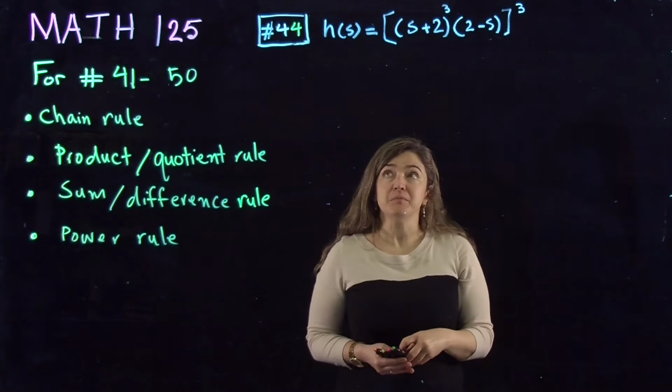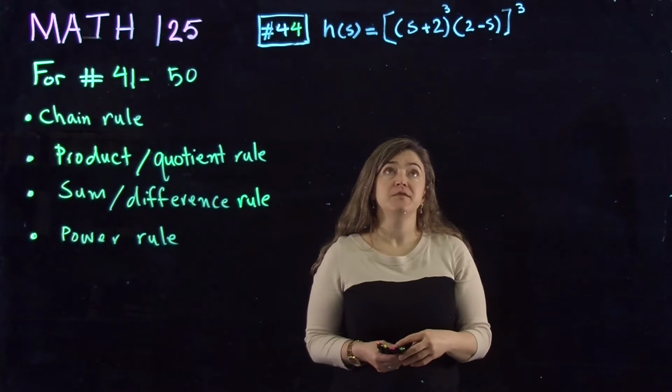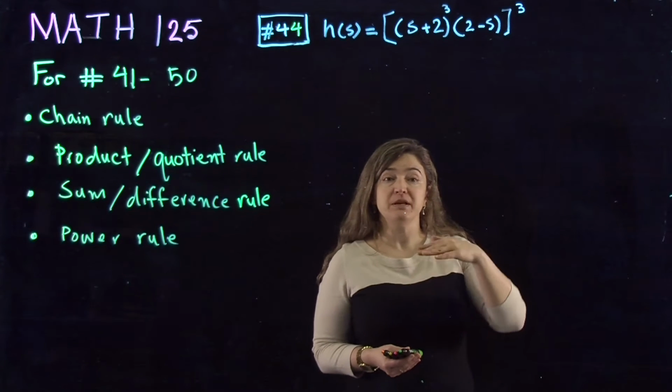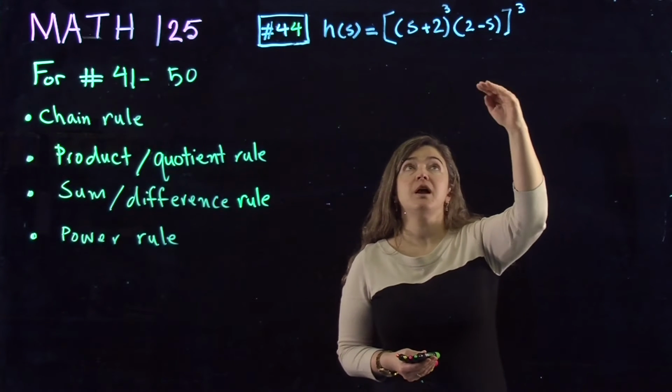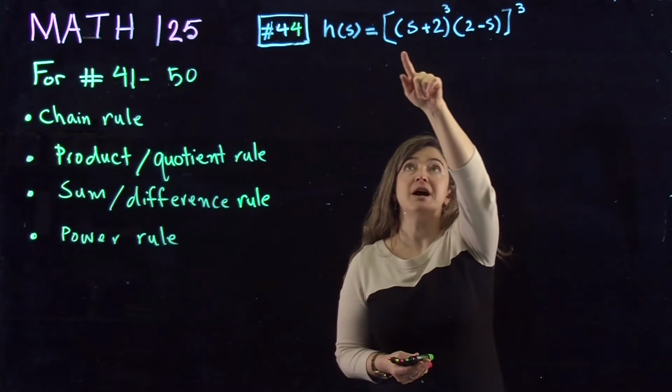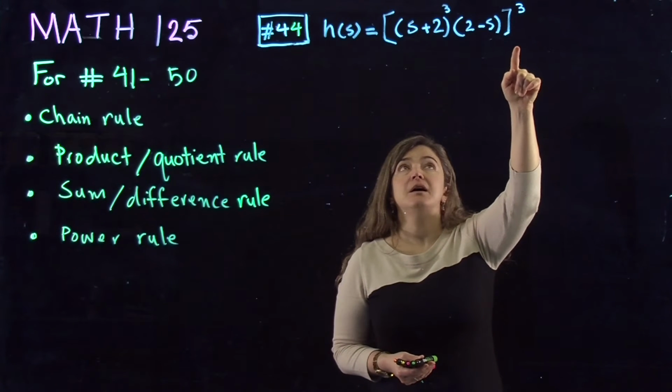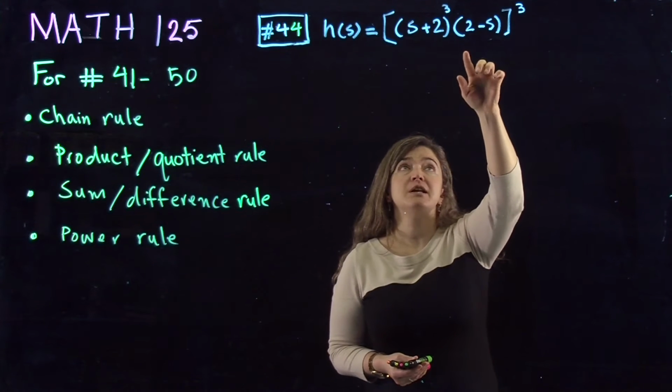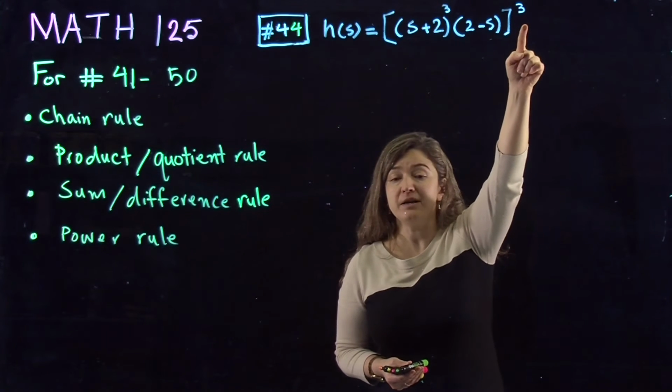We're discussing another method for number 44. Another method of doing problem number 44 is to rewrite this entire thing. So the function is this entire thing to power 3.